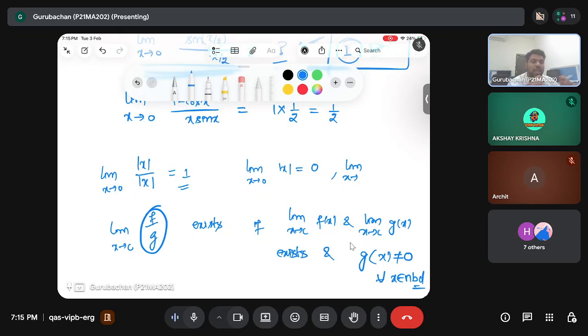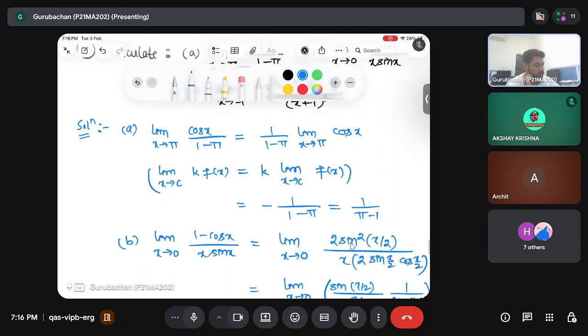When you are moving around c minus delta to c plus delta, then g should not be 0 in that neighborhood. In your example, 1 by mod x is near 0, so how will this property follow? Sir, limit does not exist for 1 upon mod x at x equals 0. But mod x upon mod x has its limit existing. So if we go by the product rule, it is not holding.